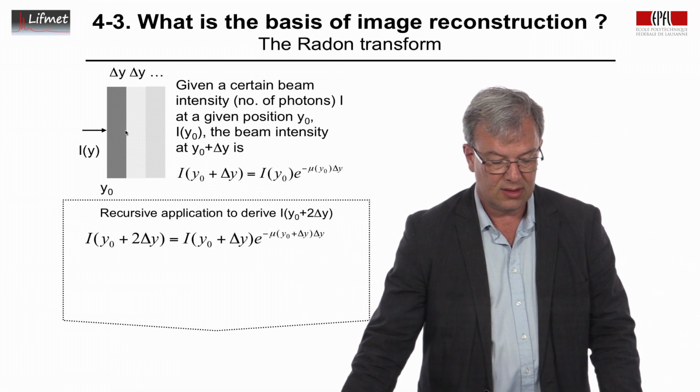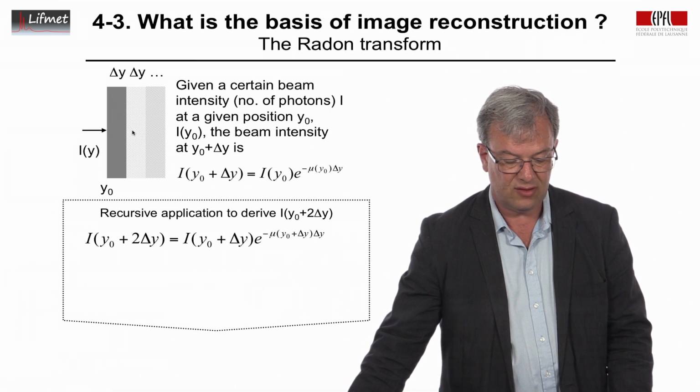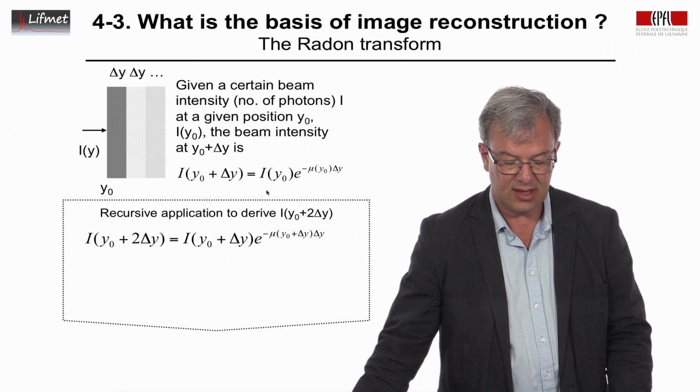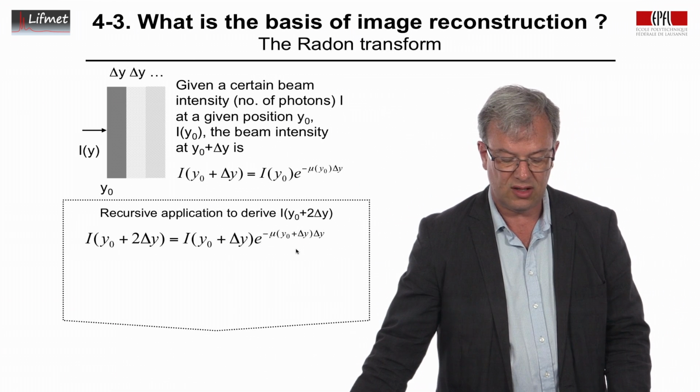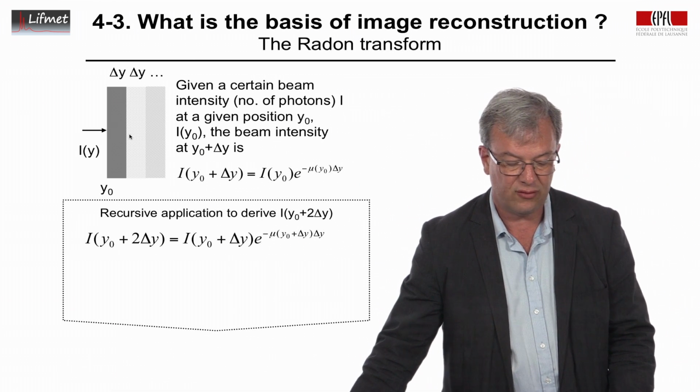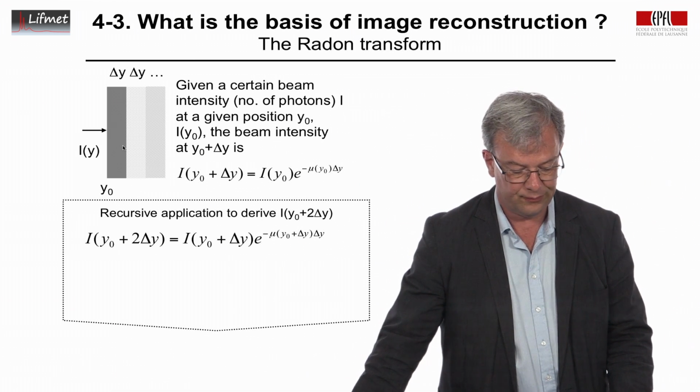So that is just the same thing for this layer. We have the incoming intensity, which corresponds to this one, and the absorption, the reduction, which corresponds to this one. Notice here that we're taking the linear attenuation coefficient of this layer now, obviously.